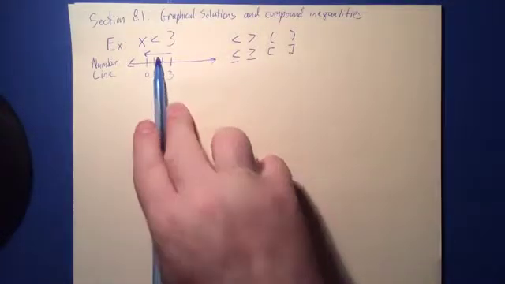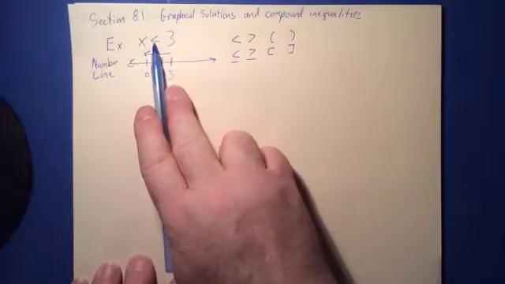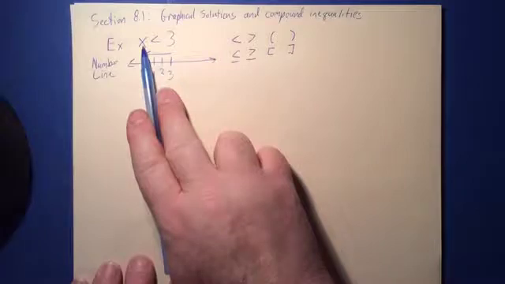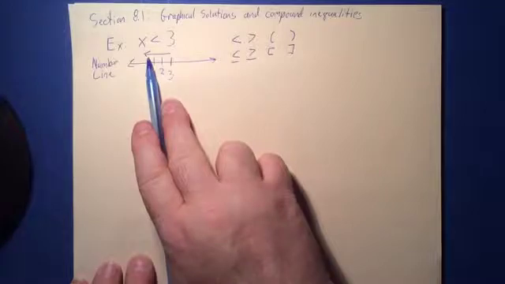So another trick for this is we can actually use the inequality as long as the variable is on the left. This is an important detail. As long as the variable is on the left, we can use the direction of the inequality from here to decide which way the arrow is going to go.